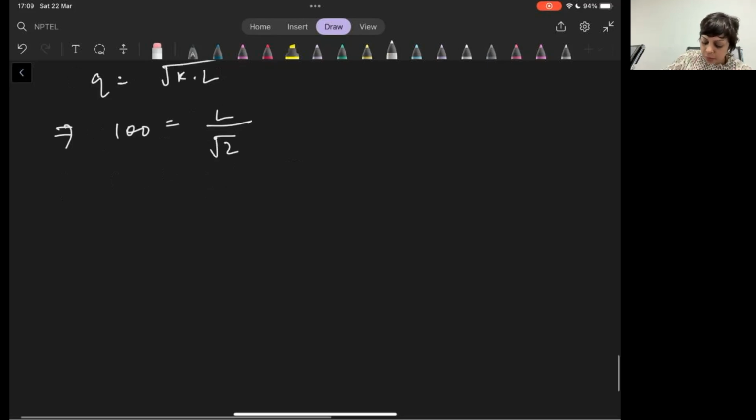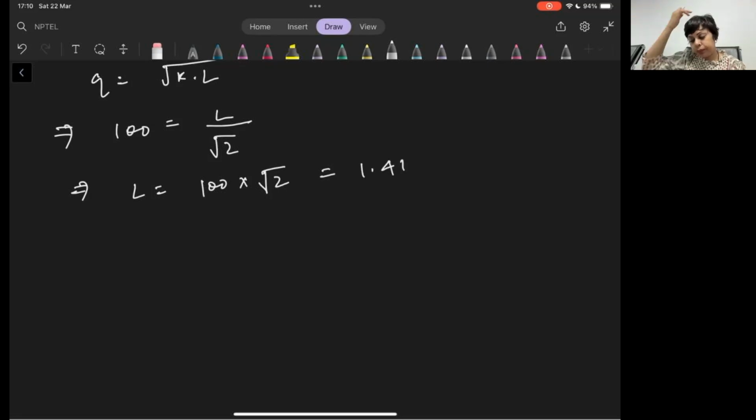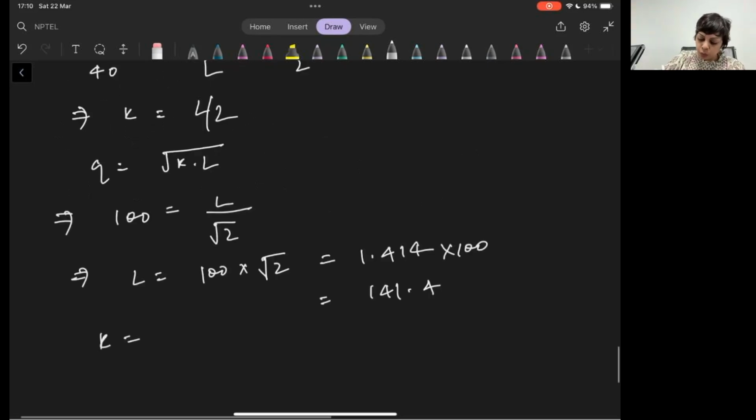You can just write L is equal to 100 into root 2, which is 1.414 into 100, and this becomes 141.4. So simple enough. K is nothing but L by 2.